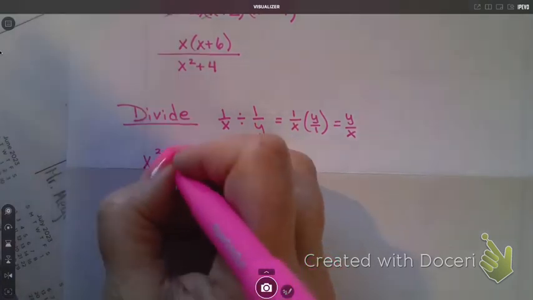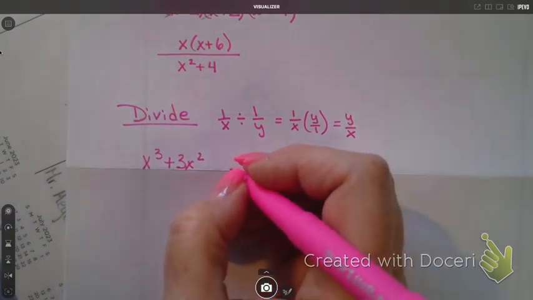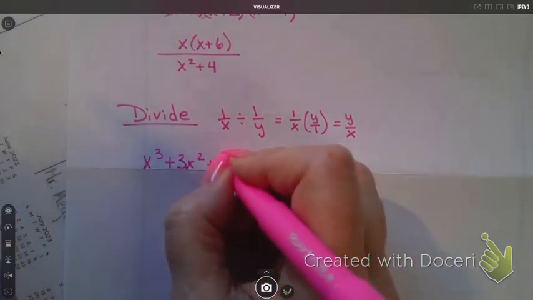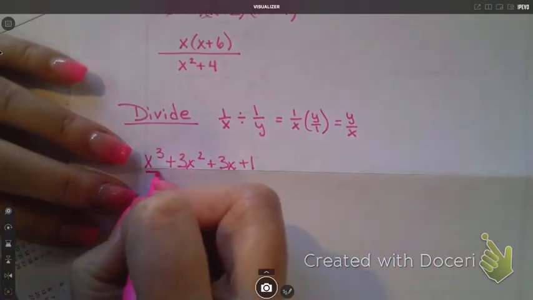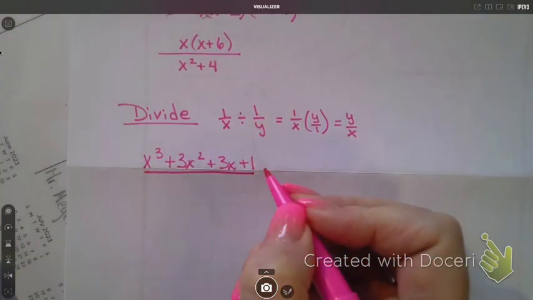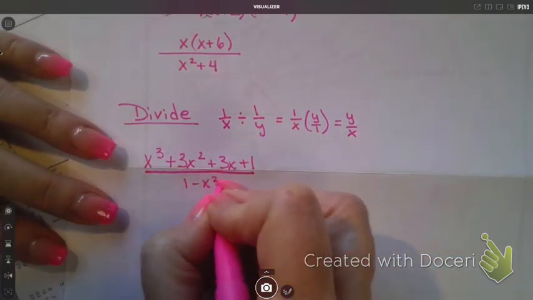Okay, so I have x cubed plus 3x squared plus 3x plus 1 divided by 1 minus x squared.